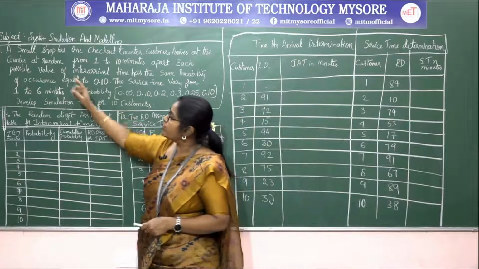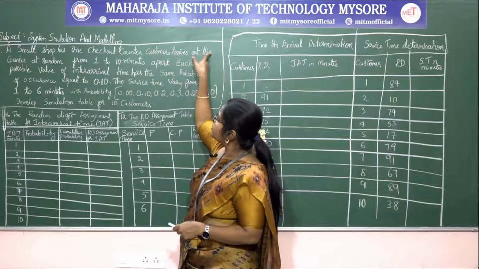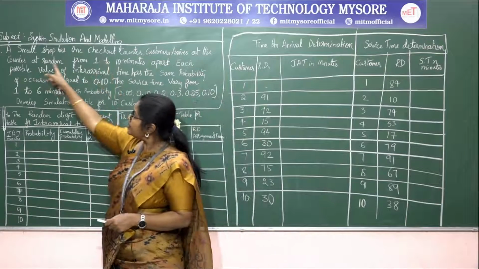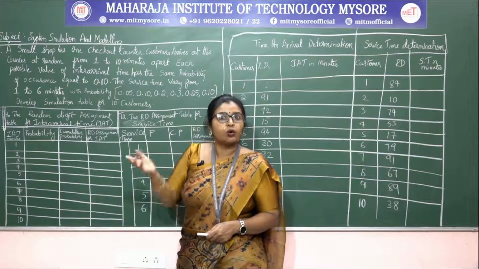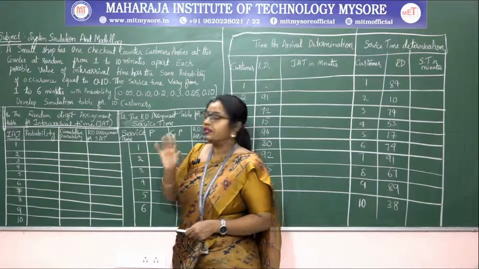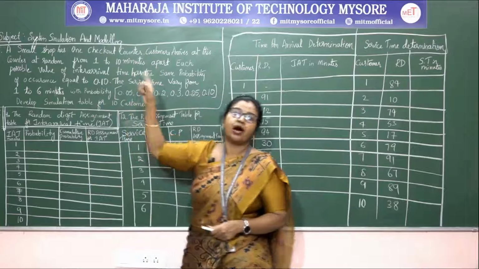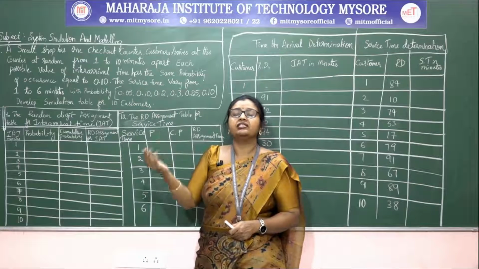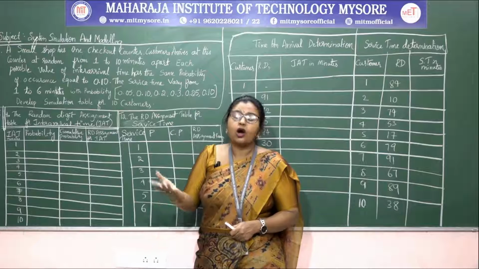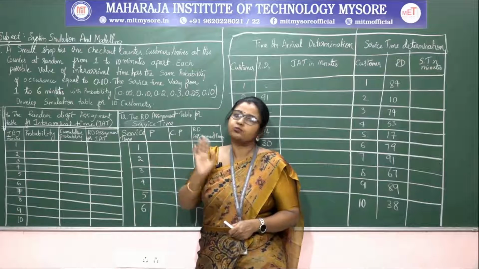See here also, I will start from here. The customer arrives at this counter at random. Random in the sense that we don't know at what time they are coming, but we know they will come between 1 to 10 minutes apart. They may come 1 minute after, or after 2 minutes, or after 10 minutes into that small shop.